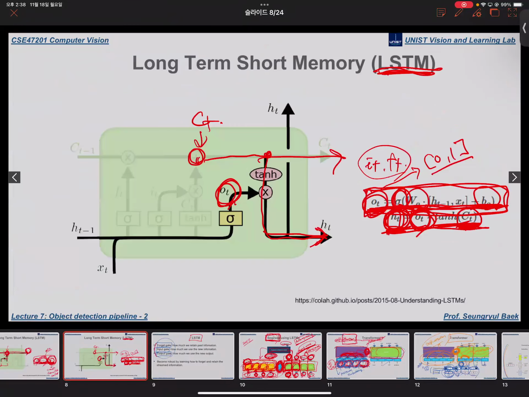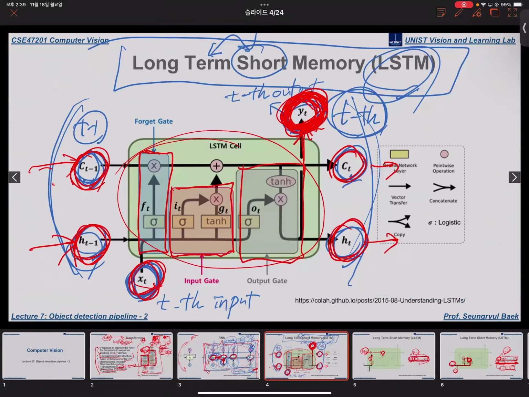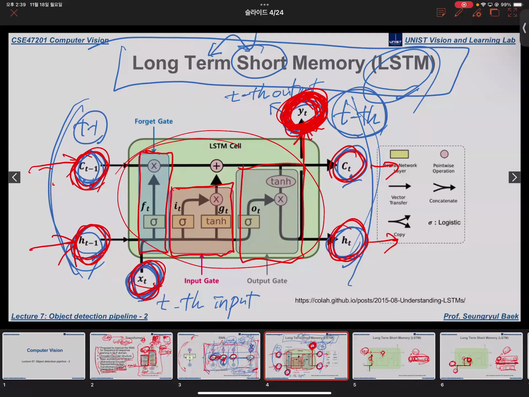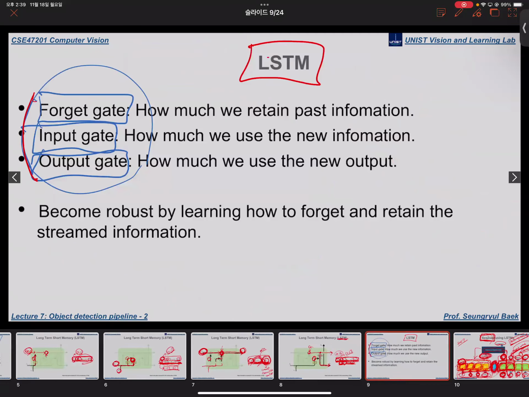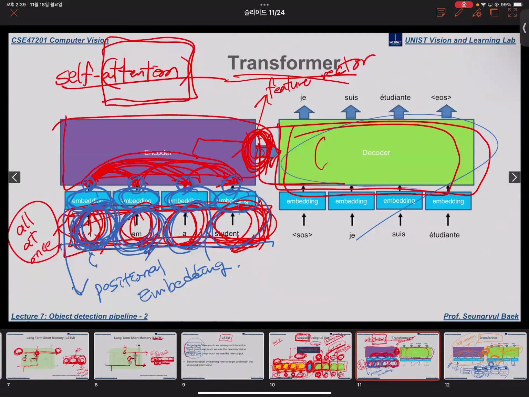So we learned about the LSTM and the RNN first, and also we learned that the RNN suffers from the vanishing gradient effect. So later, the LSTM was proposed, but this LSTM still works in a sequential way, both on the encoder and decoder side. But the transformer's operation is parallelized and considers the dense relations between the inputs.